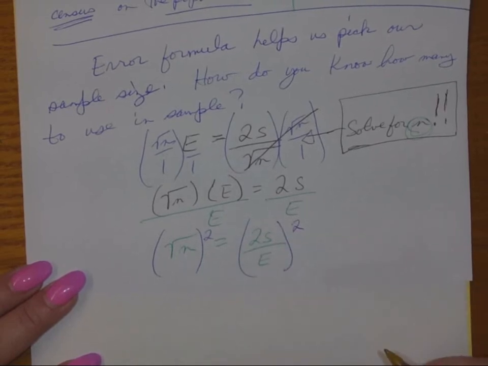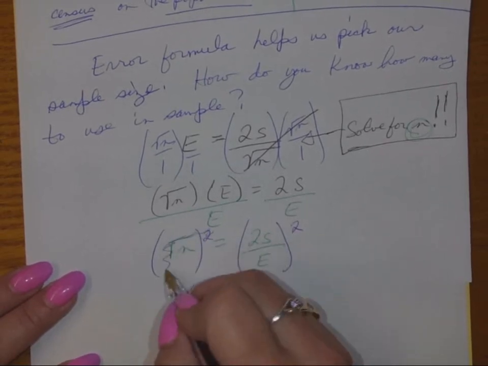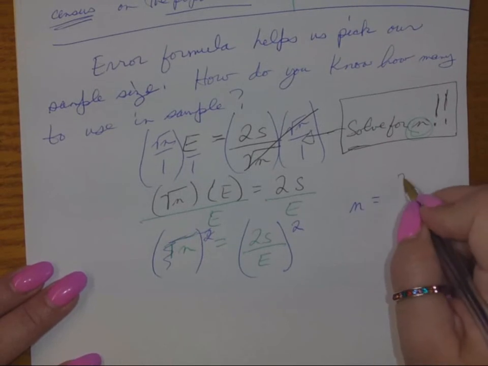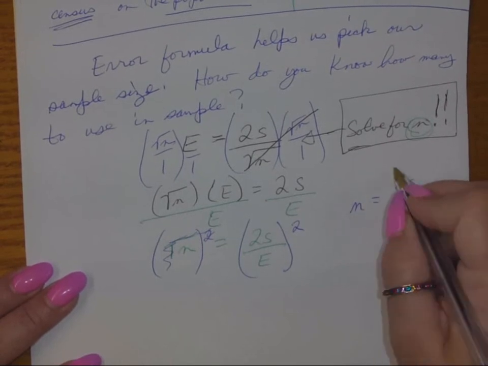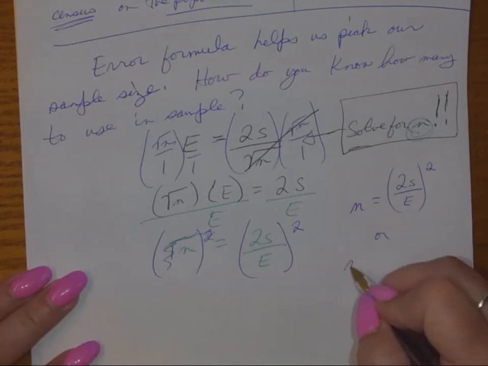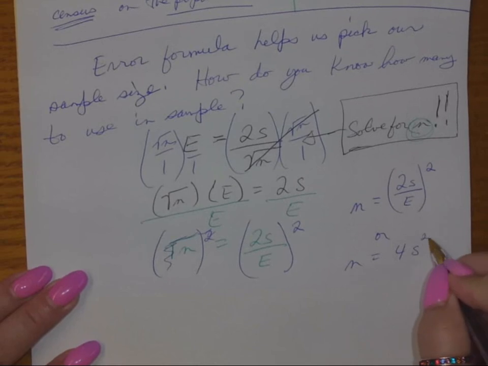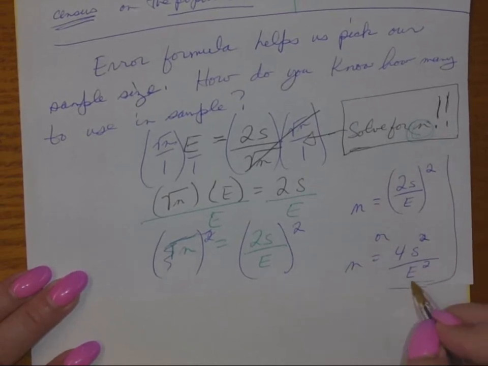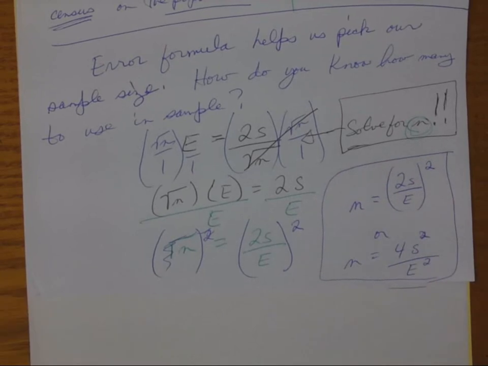Square both sides, so n equals (2s over E) squared. Or you could go ahead and square inside if you wanted to: 4s squared over E squared. Some people like that form better. It doesn't matter.